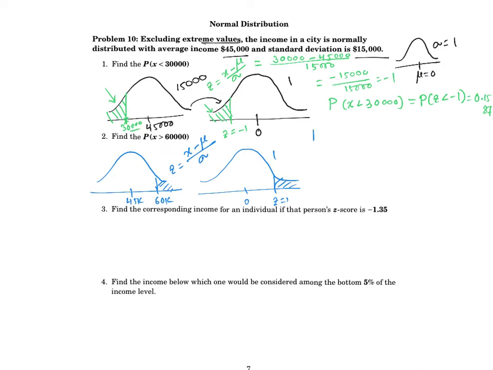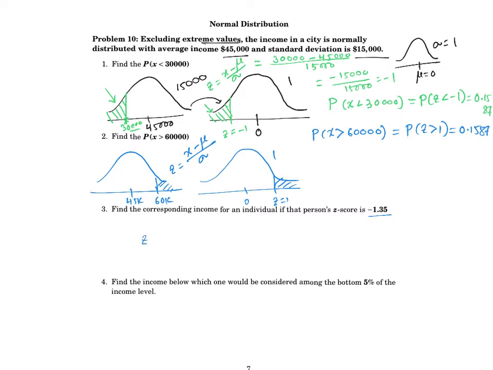So the probability of x greater than 60,000 is the same as the probability of z greater than 1, and you can see that is also 0.1587.